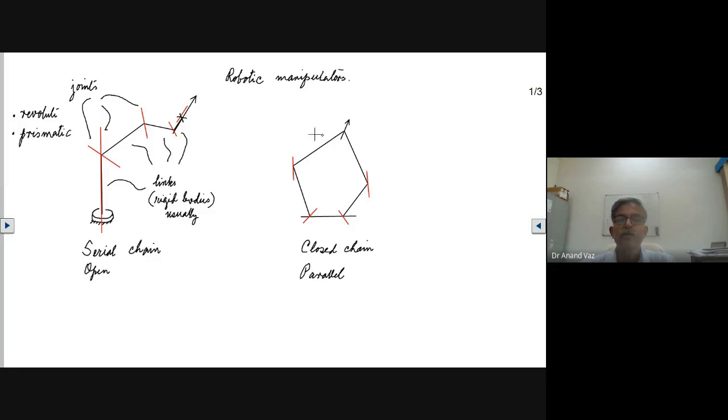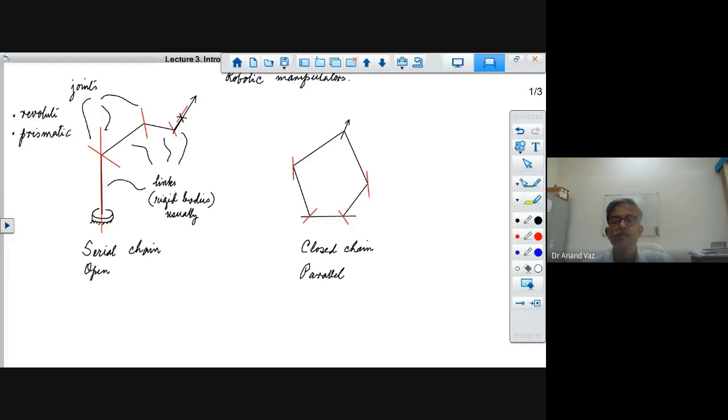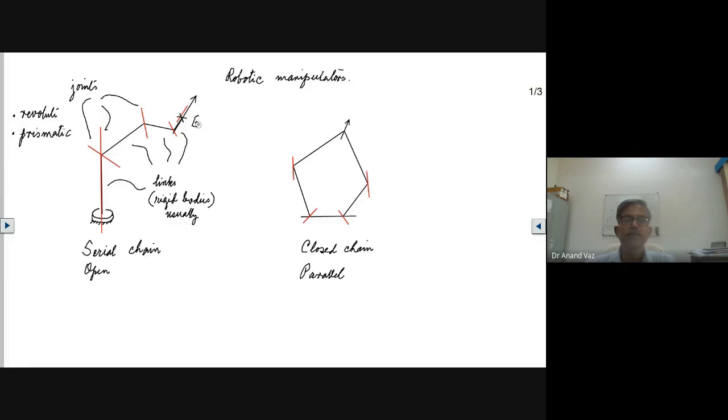Usually we call this last link the end effector. So this is our end effector. Here you may have a tool. Now we may be interested in positioning this tool accurately, and also orienting it accurately.